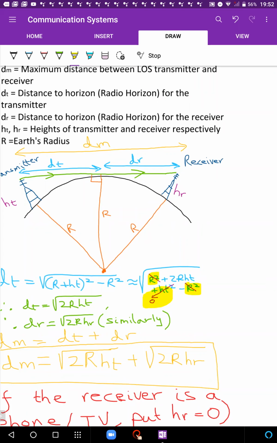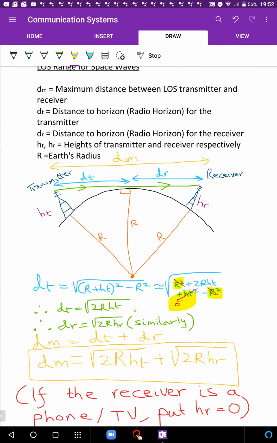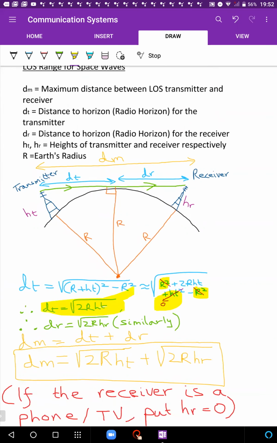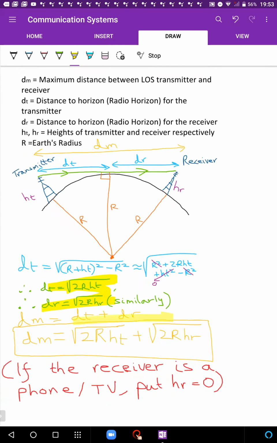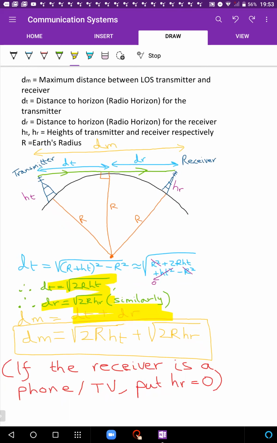So then I'm just left with root 2r ht. So dt is approximately root 2r ht. You'll get the same thing if you apply the binomial theorem. And dr is approximately root 2r hr. That makes the max distance dt plus dr, root 2r ht plus root 2r hr. Instead of blindly memorizing this, always do this derivation.